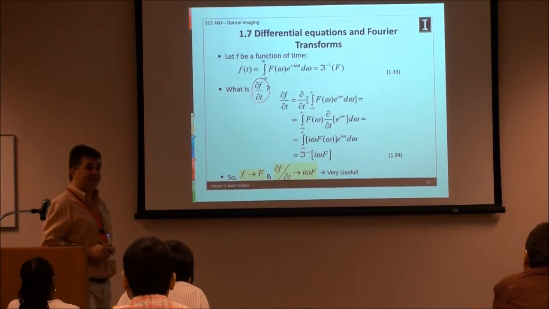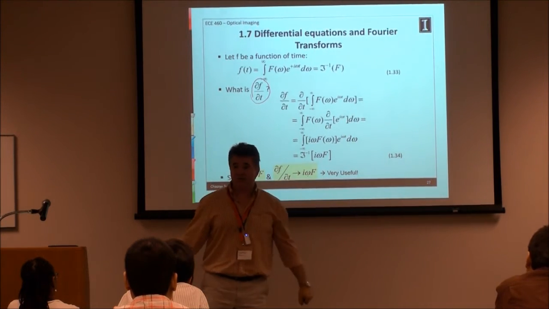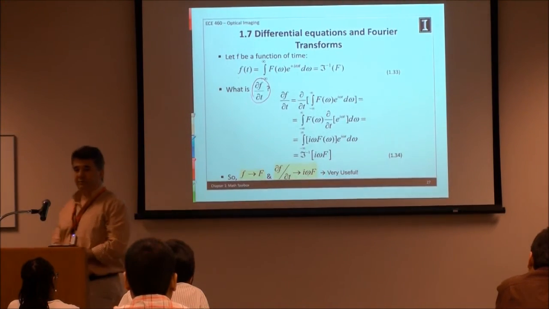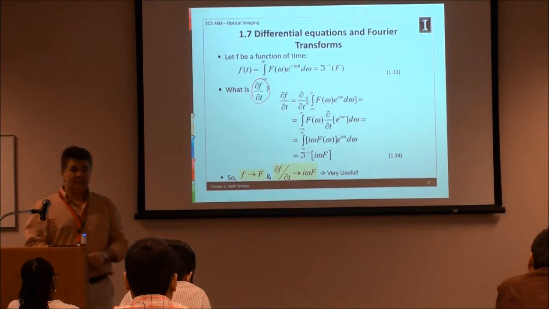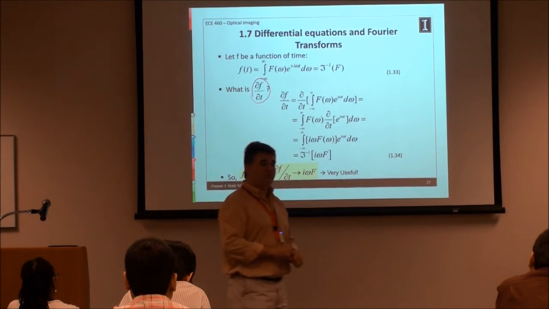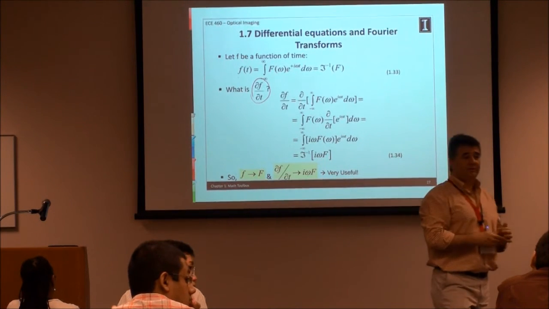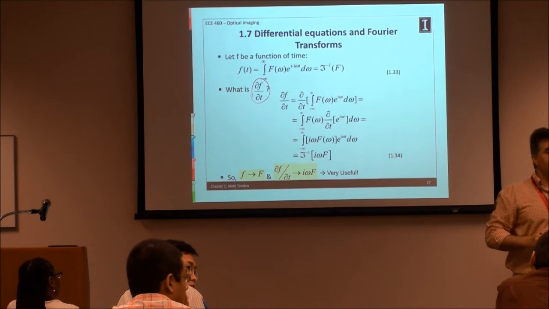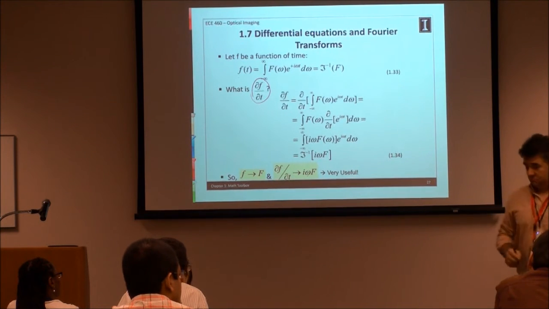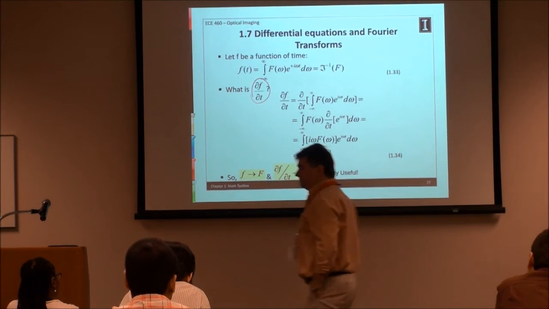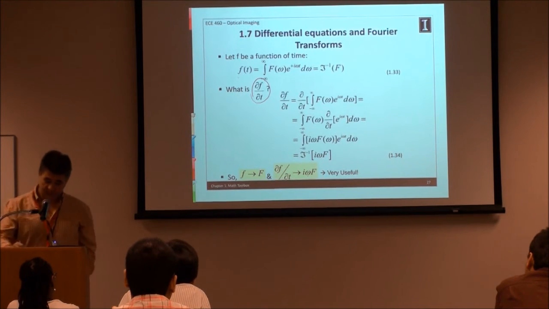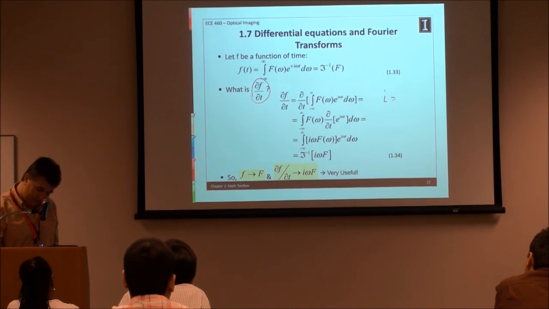What's the meaning of i in the i omega? What's the meaning of multiplying something by i? May look weird if you're not used to it. Yeah. All the real parts become imaginary, all the imaginary parts become real. Okay, that works. Or I can think of it this way.